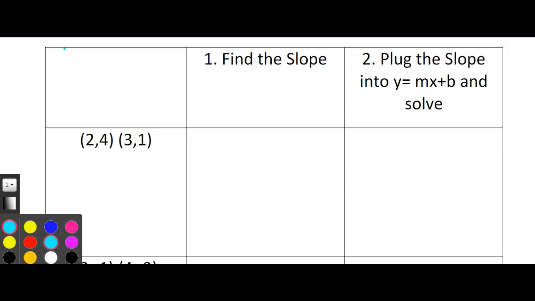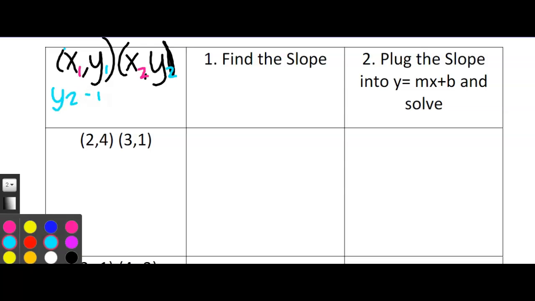If you remember, you have your x's and your y's. And you have 2 y's and you have 2 x's. And you always do y's on top, so y2 minus y1 goes on top. And then x2 minus x1 goes on the bottom.